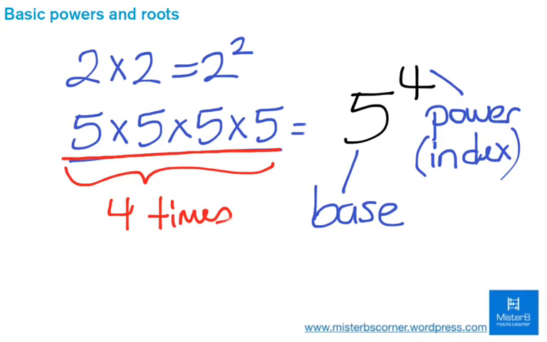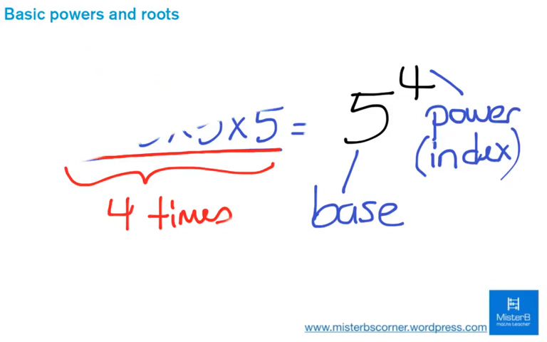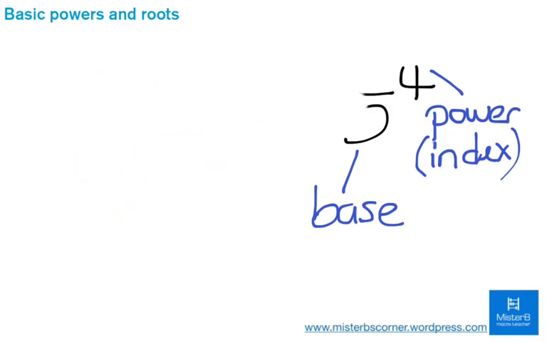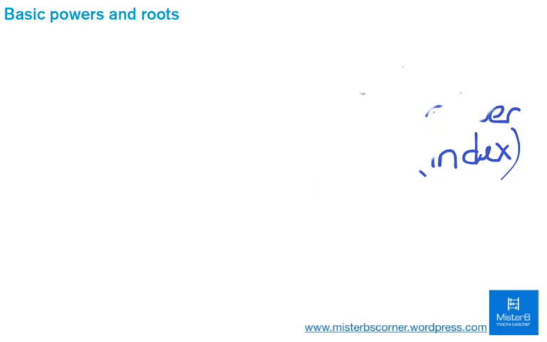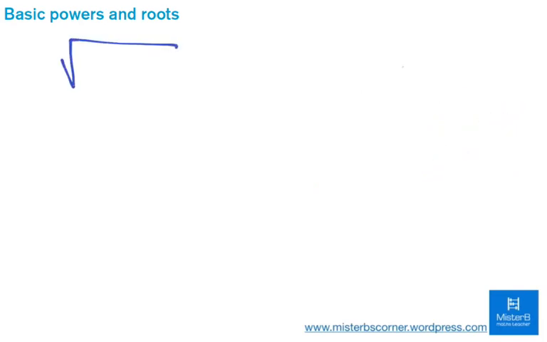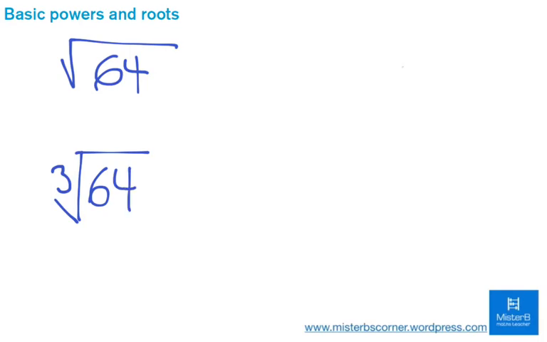When it comes to roots, we basically do the opposite of finding a power of a number. When I show this with a root symbol, like square root of, let's say, 64 or cube root of 64, the square root of 64 means that we are looking for a number which, when multiplied by itself, gives us 64.